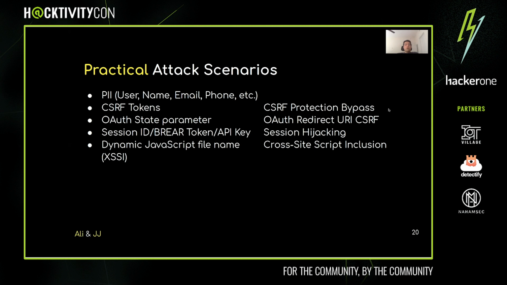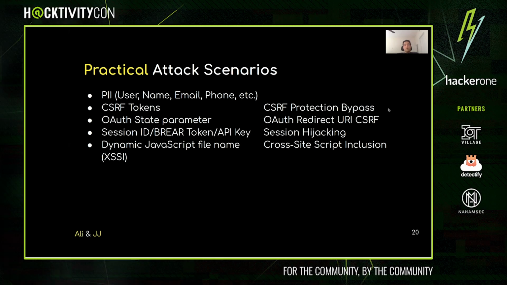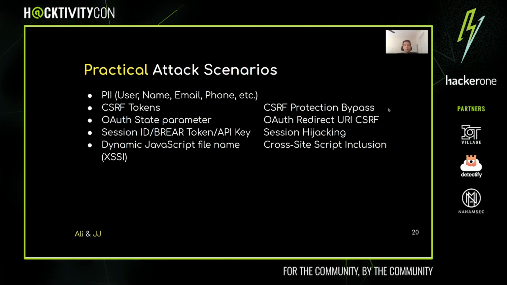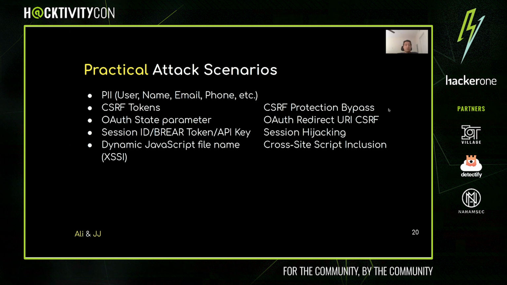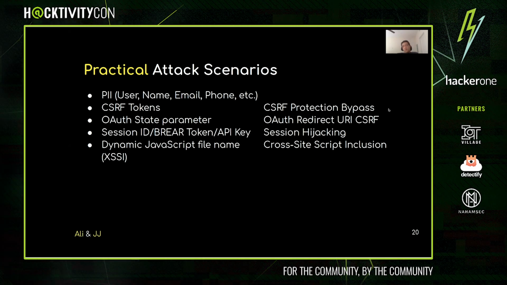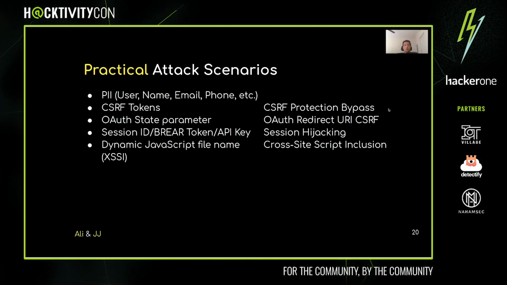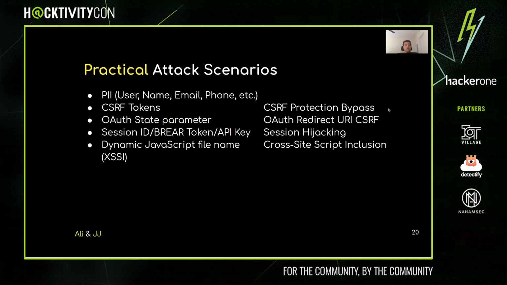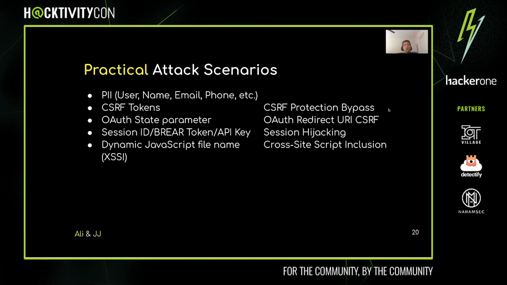Or also we discovered session identifiers, OAuth bearer tokens, or API tokens, which means session hijacking is still an effective attack scenario in combination with web cache deception. Then web cache deception might also be used to disclose some private file names, such as dynamic JavaScript file names, opening the door for cross-site script inclusion.